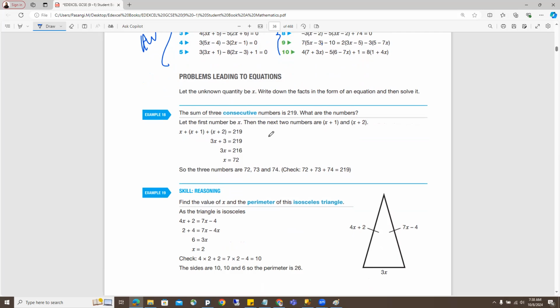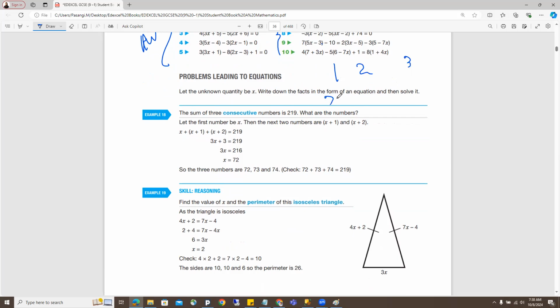Yes, miss. Okay, so the example is: the sum of three consecutive numbers is 219. What are those numbers? So what do you think? How are we going to start this kind of question? If it's three consecutive numbers, it's like 1, 2, 3. So we don't know what the exact value would be.